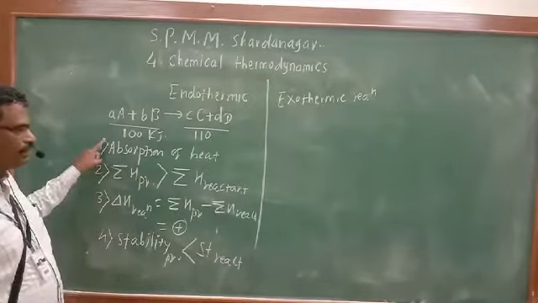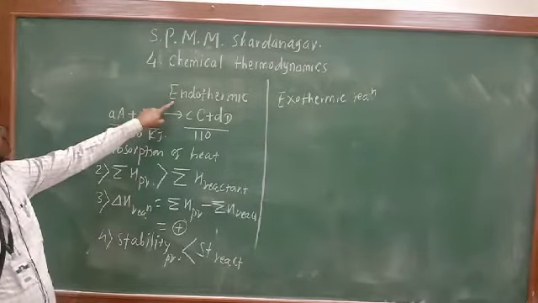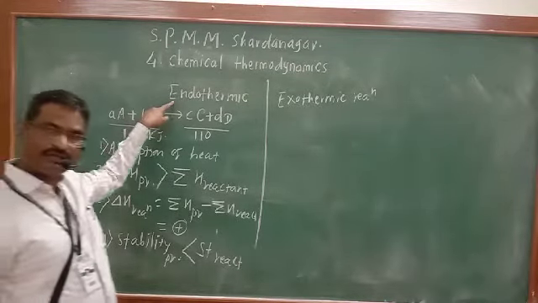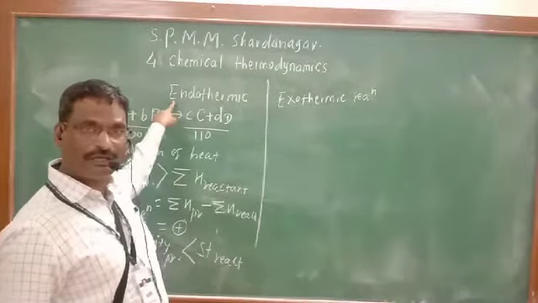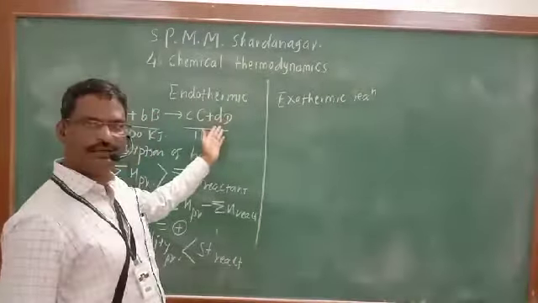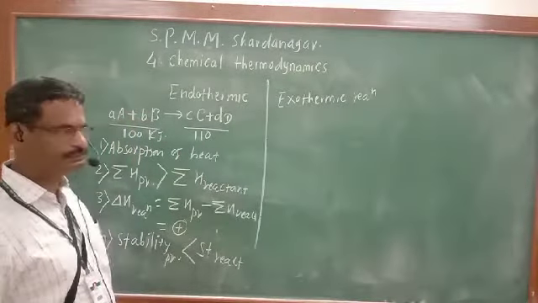We must know these 4 points regarding endothermic reactions. Just now we have studied in thermochemical equations that if the forward reaction is endothermic, the backward reaction will be exothermic.